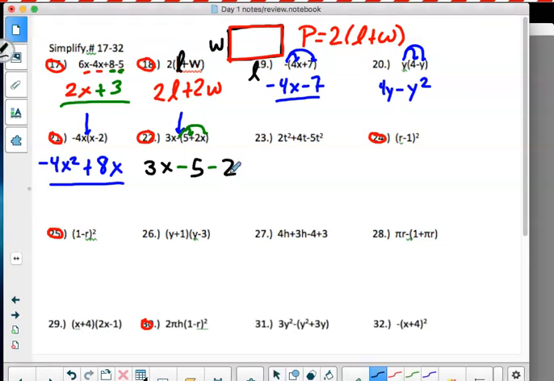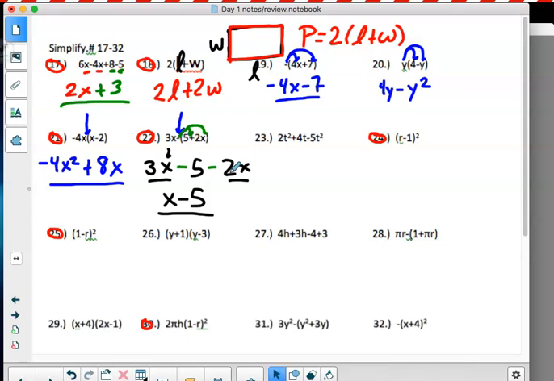I want to make sure you see the difference in these two problems, because now I can combine my like terms, which are 3x and 2x, and 3 minus 2x is x, minus 5, as my final solution. Now remember, when I start combining like terms, I'm looking for the letter and the power, and the number outside is just added together if the letter and the power are the same.